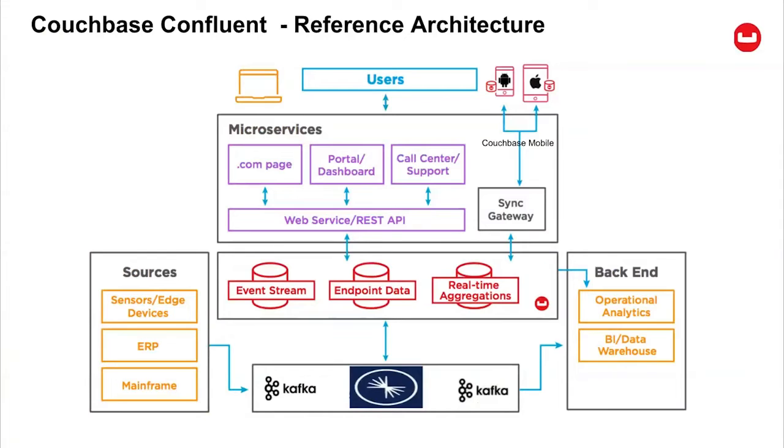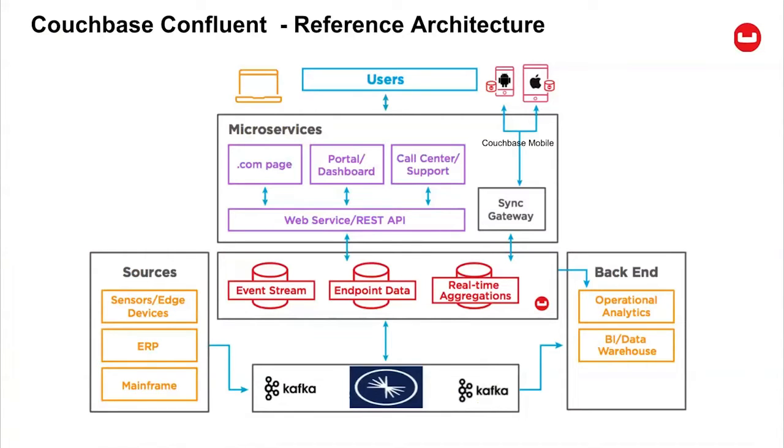And essentially, as mutations occur in Couchbase, you may need to move that data to a backend system for operational analytics and BI, data warehousing, data lakes, and so forth. And how we do that is we expose a mechanism called DCP, which essentially propagates changes within a Couchbase cluster.